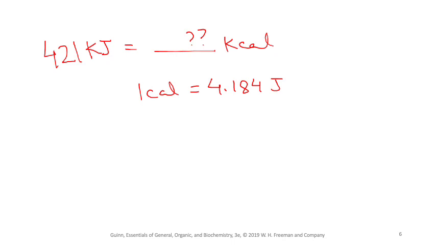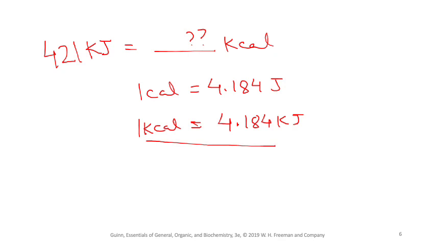So I can convert this equivalency to something like this: 1 kilocalorie is equal to 4.184 kilojoules. Because we are putting just 1 kilo on both sides, it doesn't change the value of this equivalency.